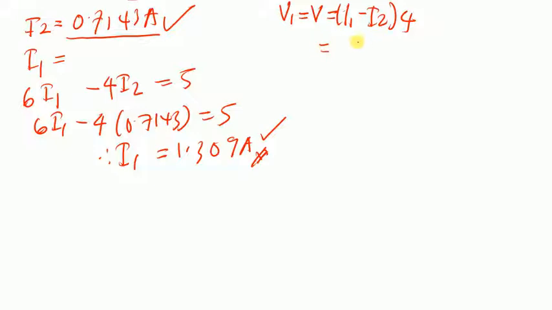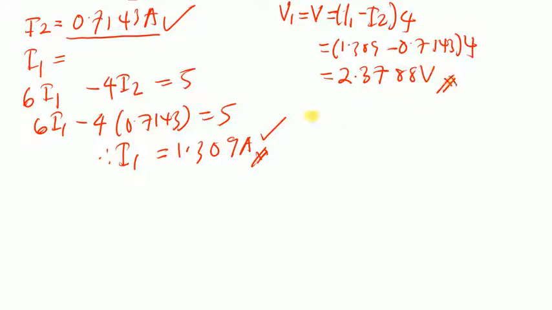So you have 1.309 minus 0.7143, times 4. Here you get the voltage V1 equal to 2.3788 volts.